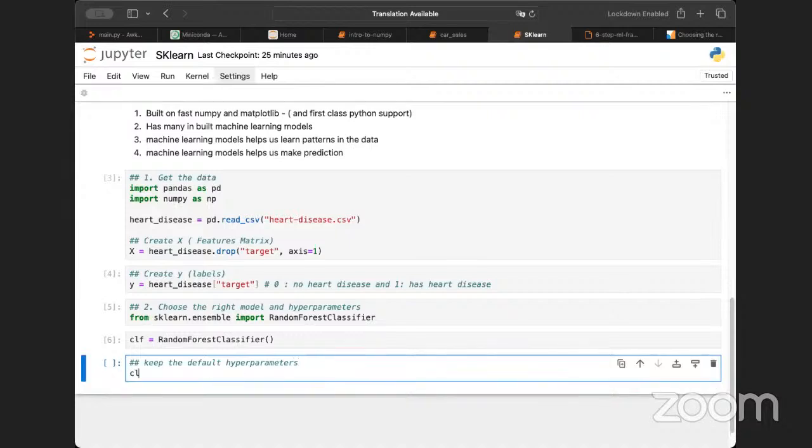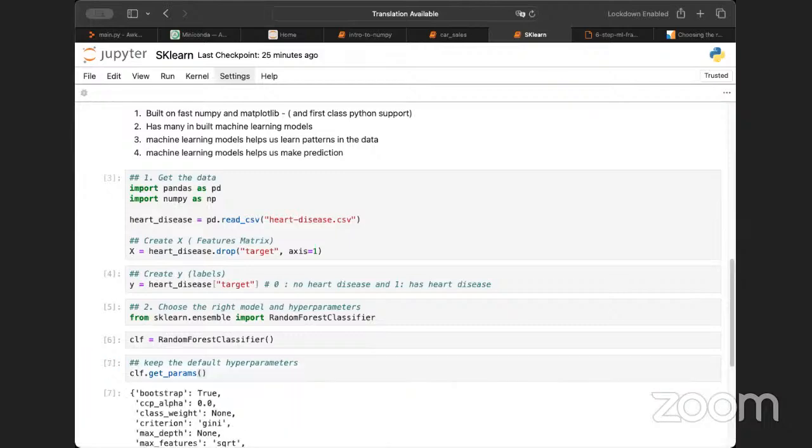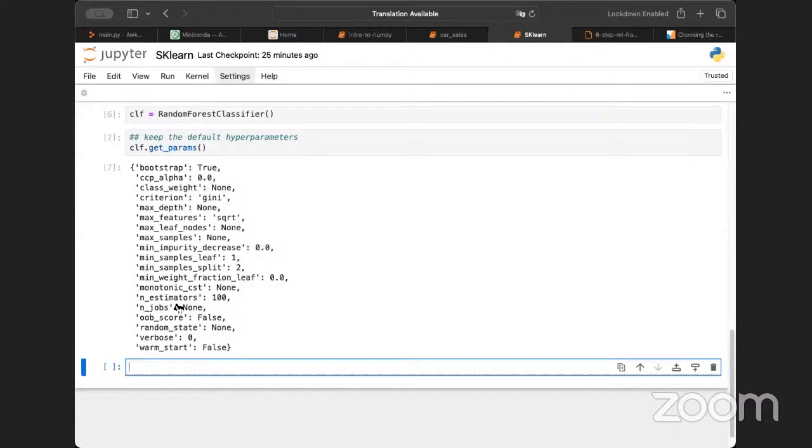So clf dot get params. Boom. So these are the default parameters. For now, we are just using everything default. Bootstrap, and so on and so forth. You don't need to know about it now. If you are very curious, you can look on the internet at what these mean.